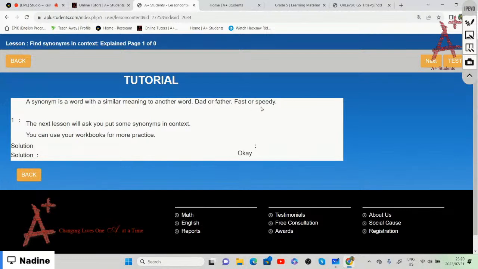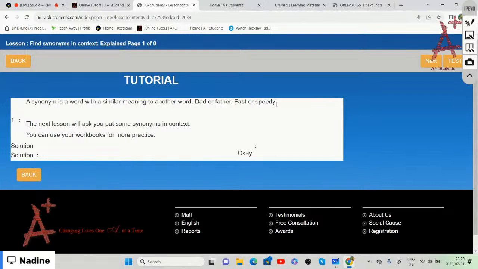And we made an example of dad and father, right? Remember, it's the same as you calling your dad dad and somebody else calling your dad father, but yet the meanings are the same. It is still the specific role that your dad or your father takes, right? And then also we have fast and speedy, right?